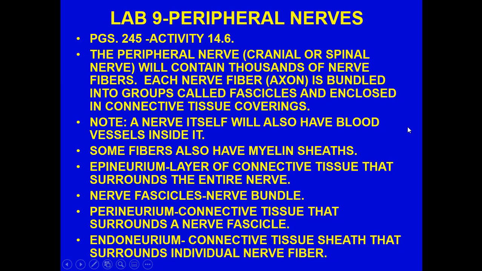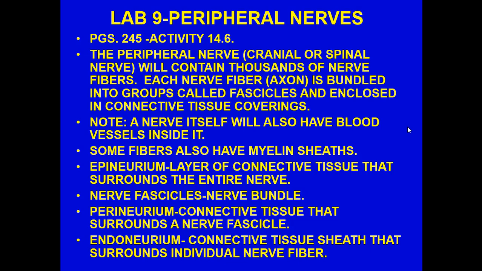Now, in activity 14.6, we note that the peripheral nerve, either cranial or spinal nerves, will contain thousands of nerve fibers. Each nerve fiber, the axon, is bundled into groups called fascicles and is enclosed in connective tissue coverings. You want to keep in mind that a nerve itself will also have some blood vessels inside of it.